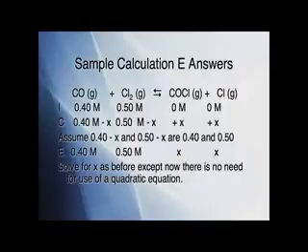Then our concentration of COCl will still be x, as well as our concentration of Cl will be x. We're going to solve for x as before, except now because we don't have a need to use a quadratic, we can solve for this relatively simply.